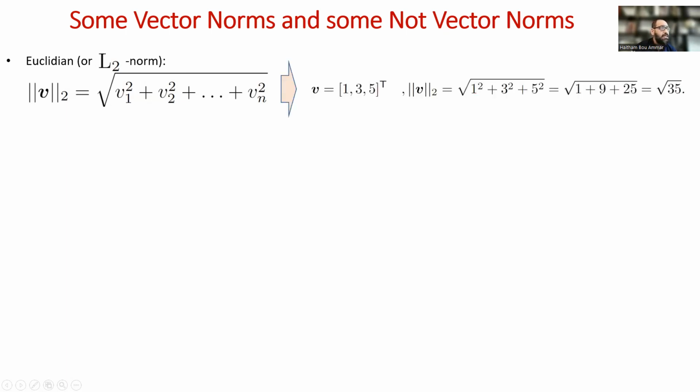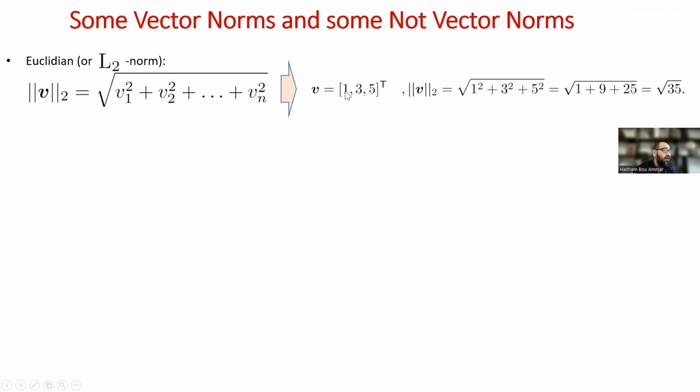For example, if I give you a vector v, which is 1, 3, and 5, remember, I used the transpose here, so what I really mean is that this is a column vector.